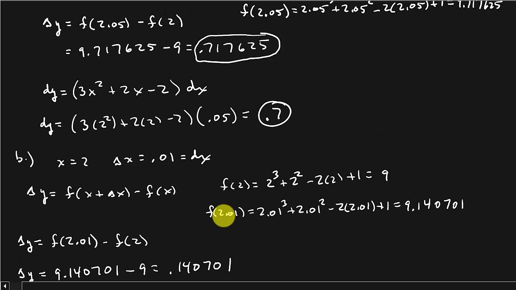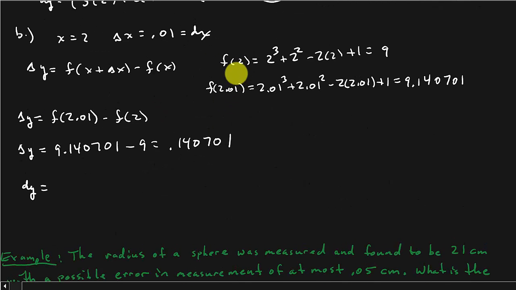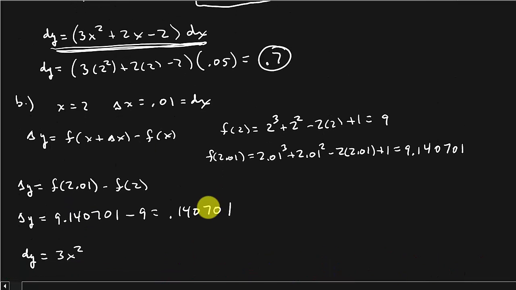And then let's go ahead and find dy. Well, we already took the derivative up here. We're just going to use this function again and plug it in. So that's 3x squared plus 2x minus 2, times dx.